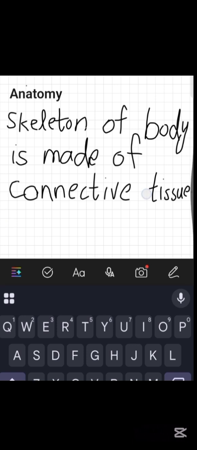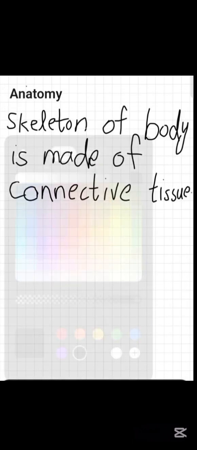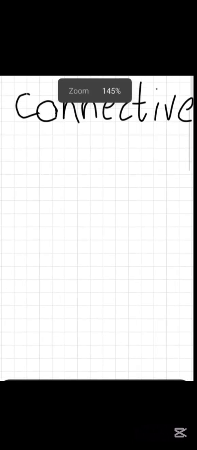The vertebral column is further divided into five parts, which means it is divided into sections. The first one is cervical and the second one is thoracic. Let's write it.